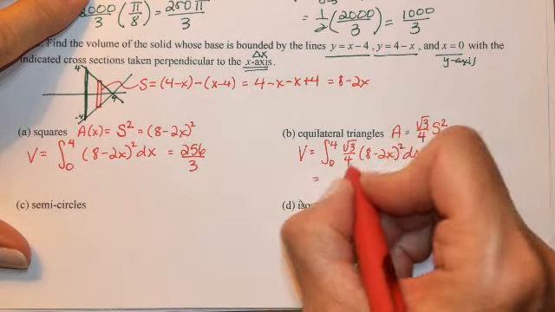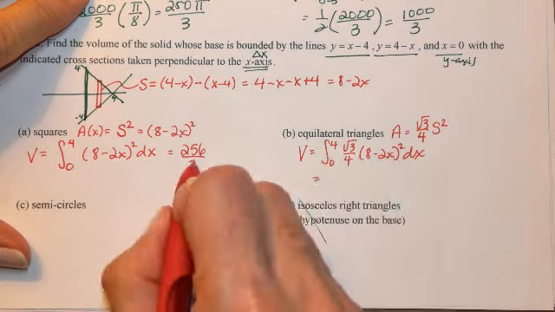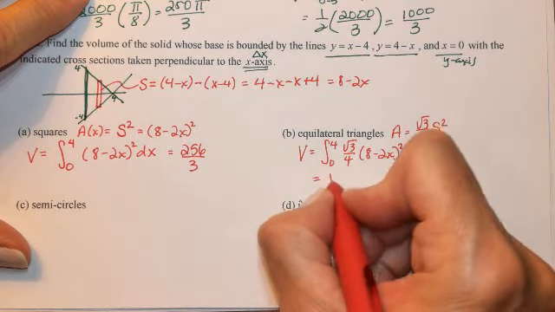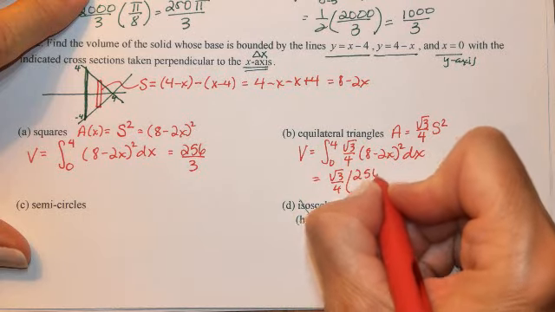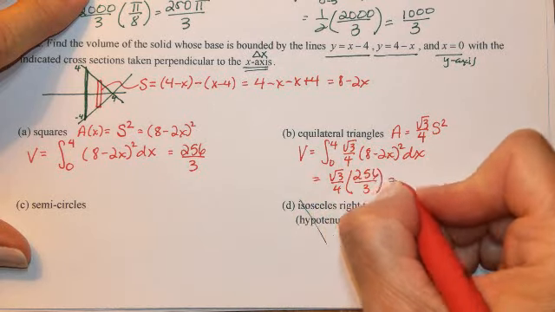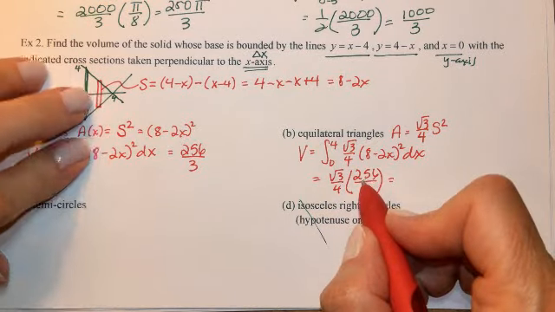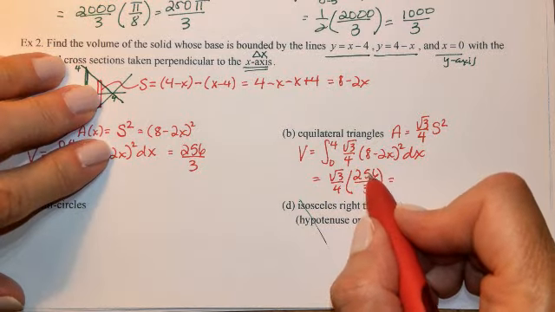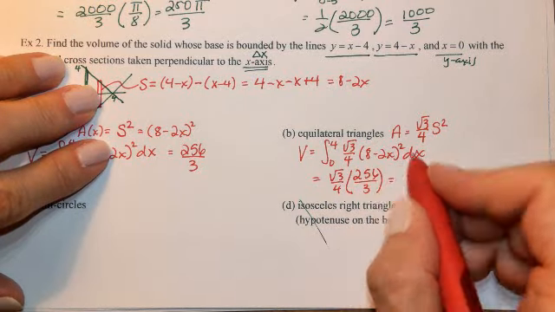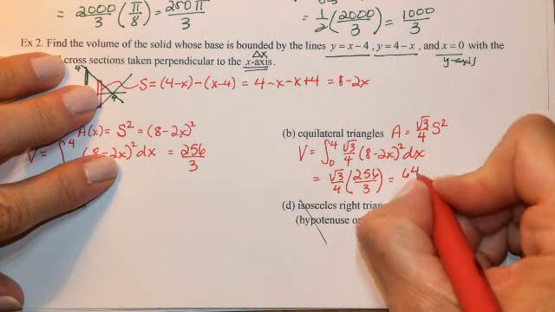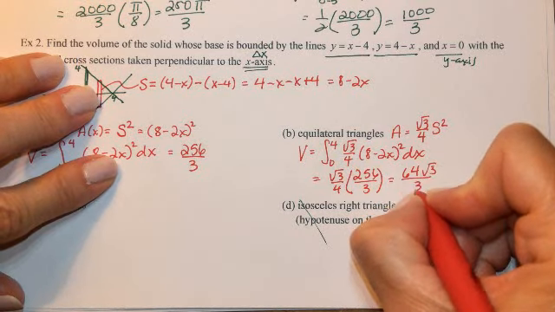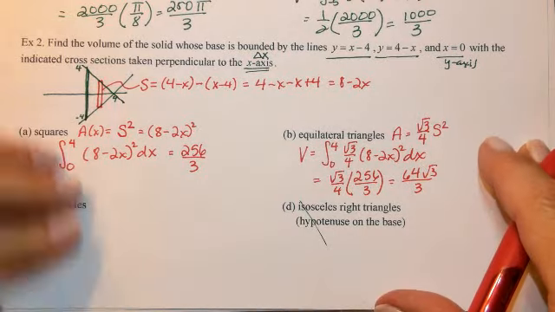But now I know that this is exactly the same as what we just did, except for that square root of 3 over 4. So I need to multiply square root of 3 over 4 times 256 over 3. 4 goes into 256 64 times. So this will be 64 square root of 3 over 3. Okay.